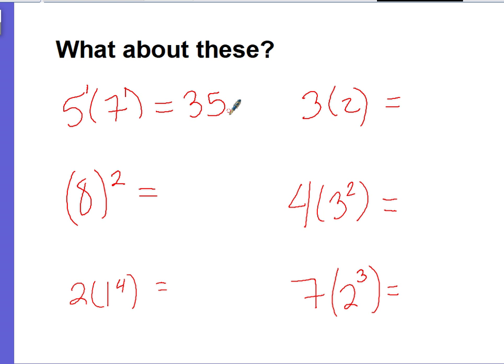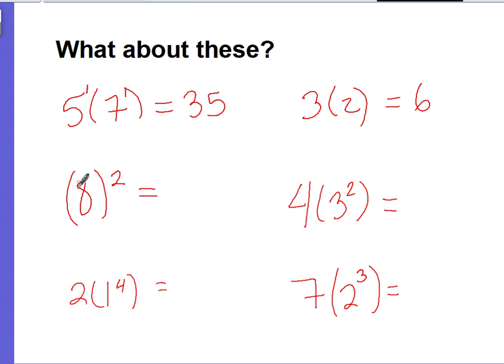There's nothing special about this. In the same way, 3 times 2 is just 6. So when I have one number inside parentheses and another number outside parentheses, if they're both large bases, then I can just multiply them. I want you to not be confused by what you're going to see in the future.